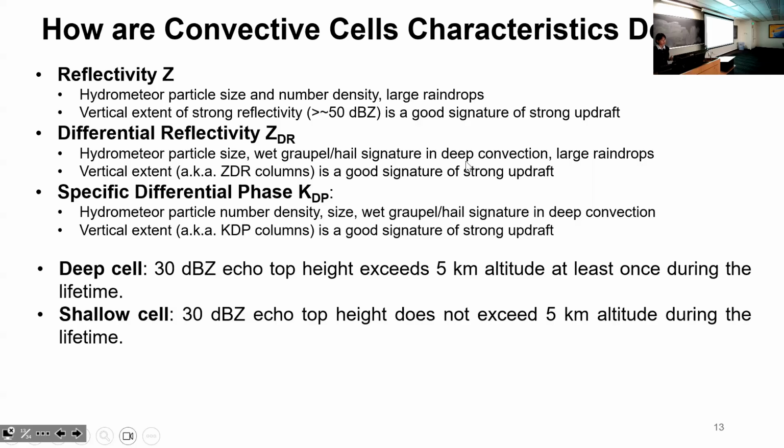And particularly, this is sensitive to large raindrops in the rain region at warmer temperatures. As Michael presented a couple of weeks ago, the vertical extent of ZDR, called the ZDR column, is also a good signature of strong updraft.